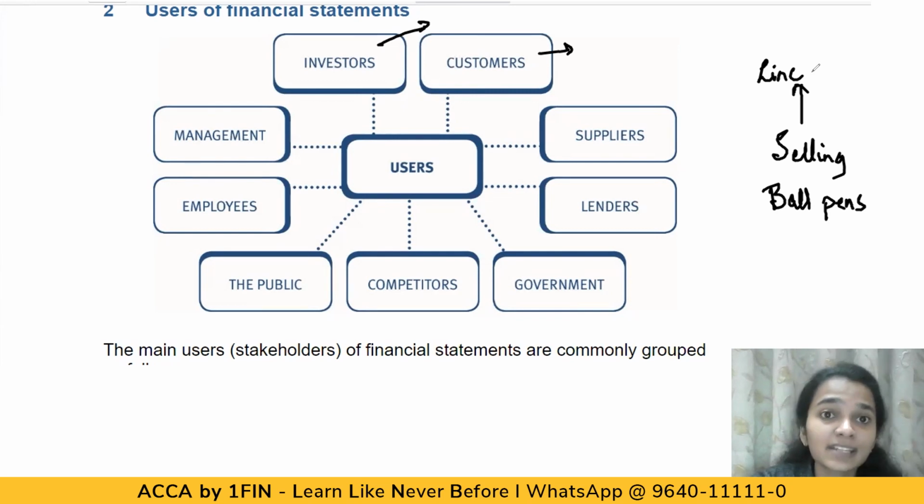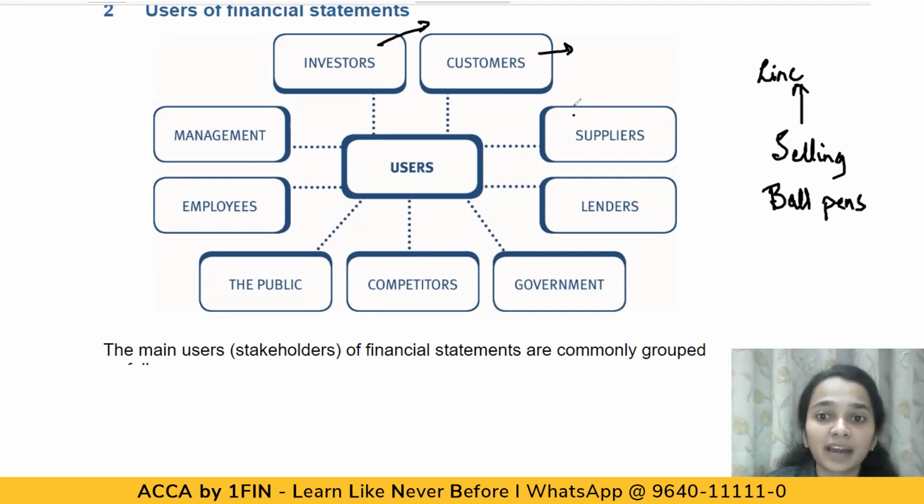I'll have to find someone else. So as a customer, it is my right to inspect the financial statements of the company, because I will want to analyze how the company is working and whether the company is in a good position or not. So customers also are users of financial statements.